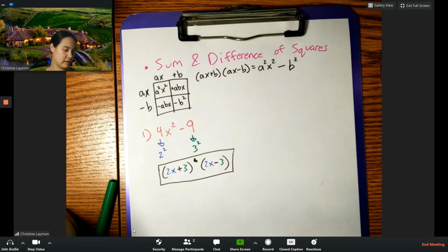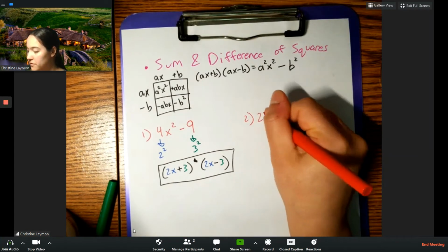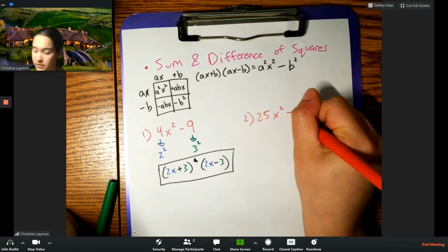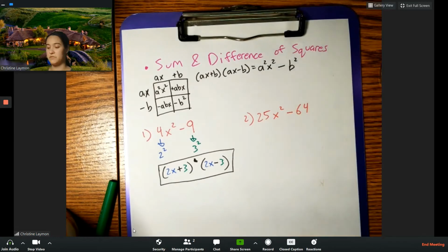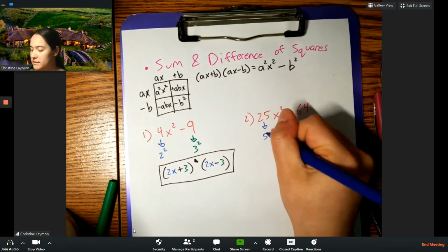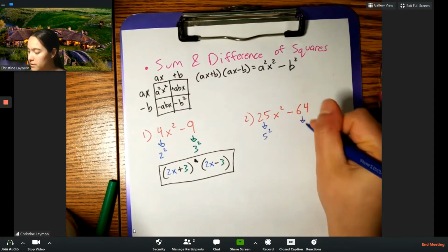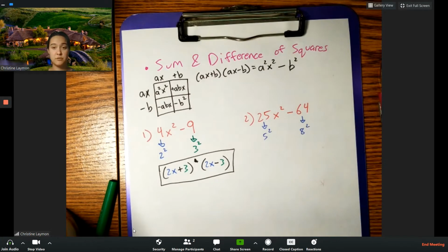Let's go ahead and take a look at another one. Let's do 25x squared minus 64. Okay, so coming through here, we know that 25 is the same thing as 5 squared. 64 can be rewritten as 8 squared.